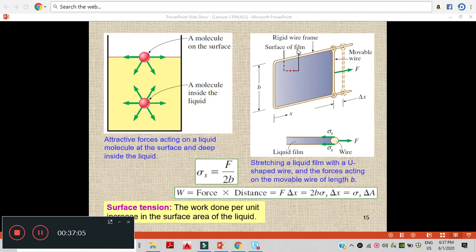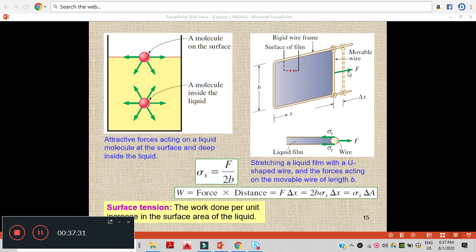Here there is a rigid wire frame, and there is a kind of film. When we pull this wire, when we apply some force, there is an energy in the fluid film surface which opposes this force.